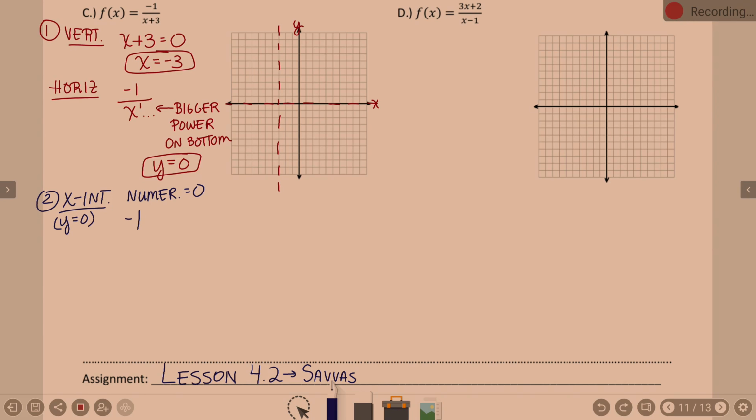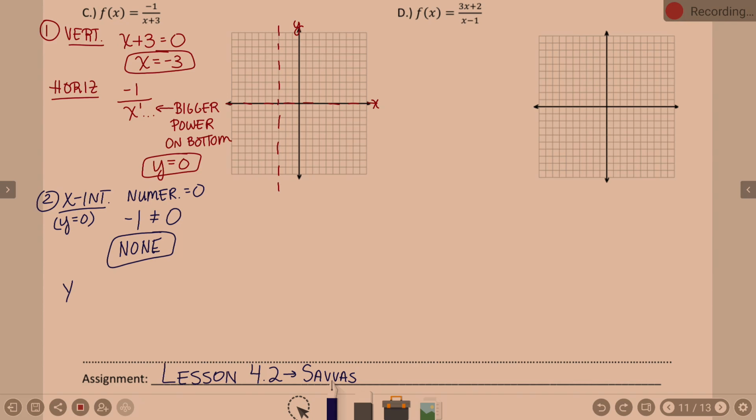Negative 1. So I get negative 1 equals 0. Is there an x to solve for? No. So guess what? Does negative 1 equal 0? No. So there are no x-intercepts. Now, think about it. What is my x-axis? My x-axis is an asymptote. So there really won't usually be an x-intercept if your x-axis is the asymptote. Okay, so that makes sense. That's a good thing. Okay?